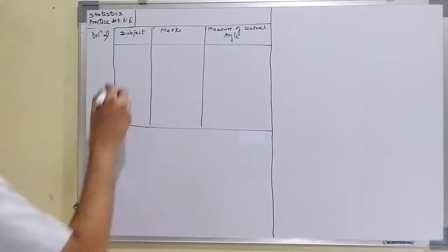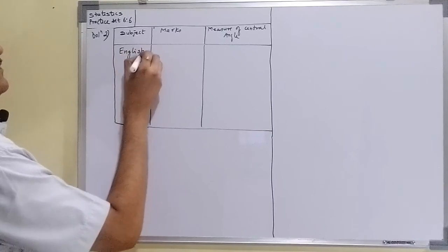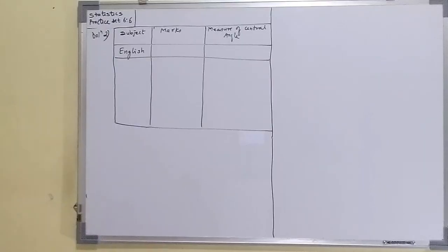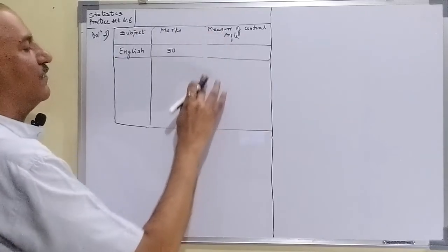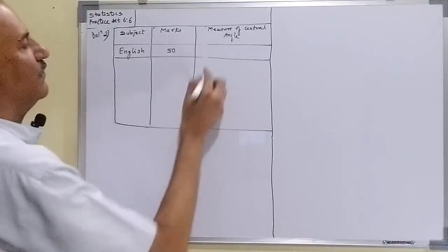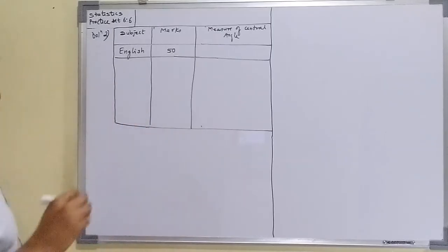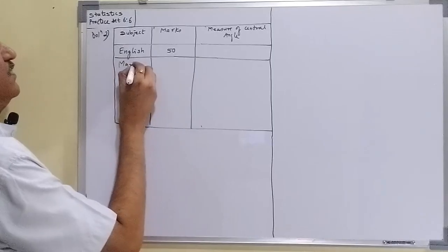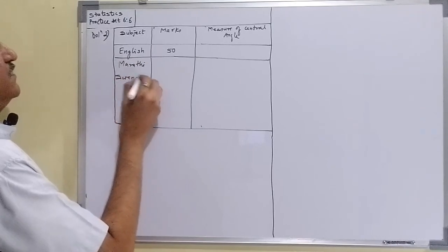So first is the English subject. How many marks secured? 50. Next are Marathi and science.